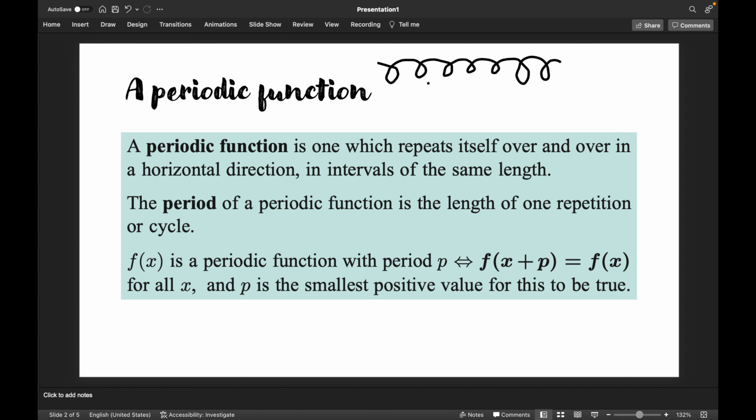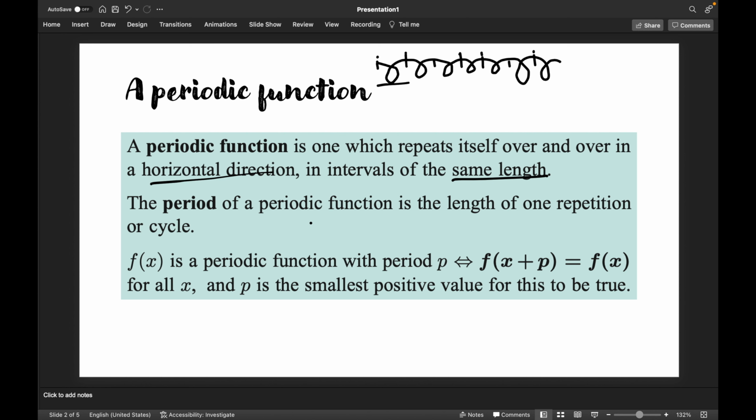I haven't drawn it properly, but these are supposed to be of the same length and they're in the horizontal direction. This portion keeps repeating. So that's why it's a periodic function.